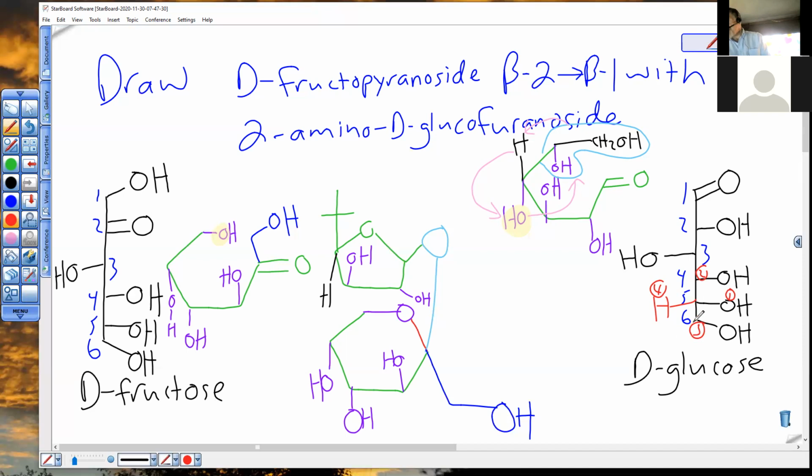This is not S, therefore it's R. I need it to be R here, and the only way to do that is to have O, CH2OH, H. Let me verify that.